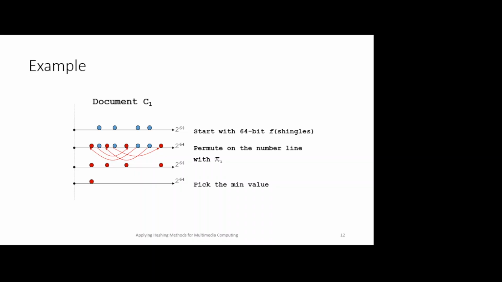After the permutation, each shingle gets its new position, and we just pick the minimum one as the min hash. Any problems? It's a very simple step.